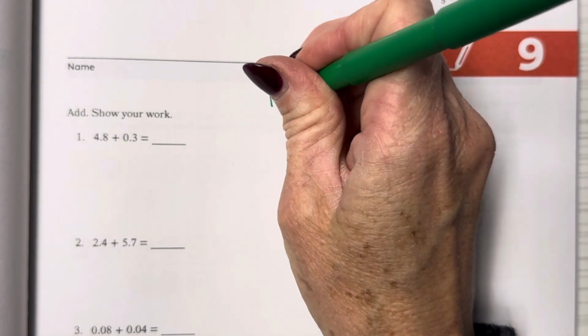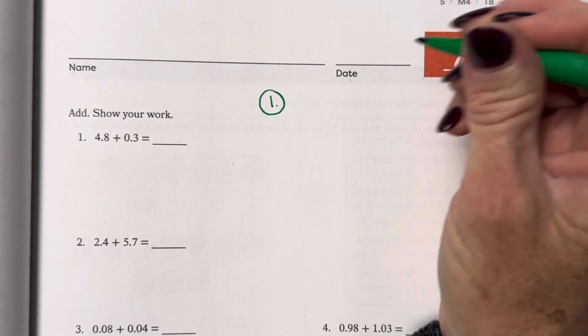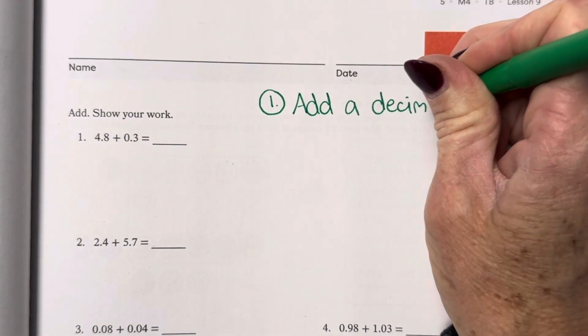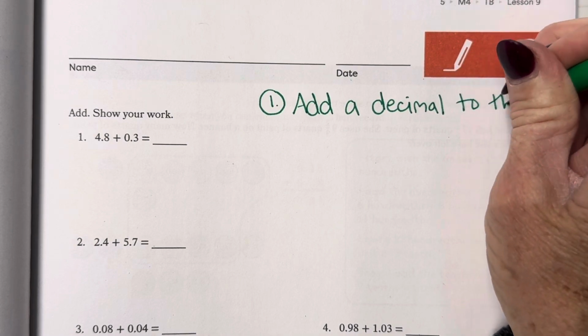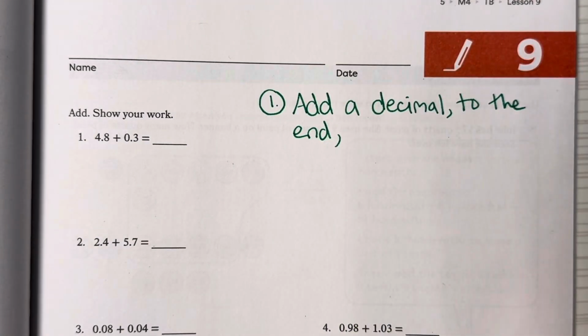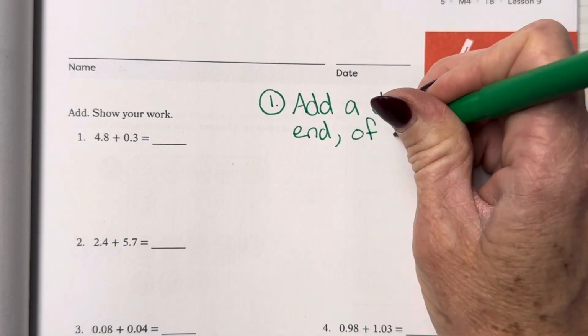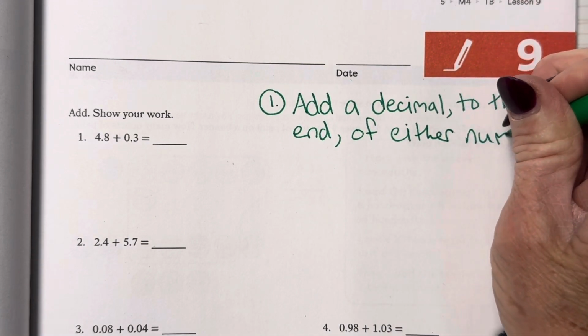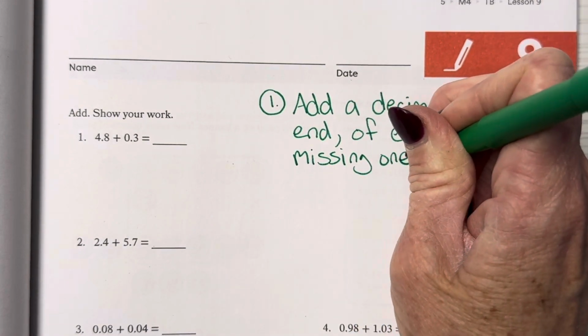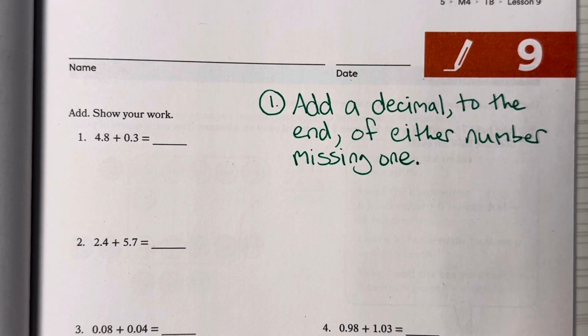So when you add decimals, the first thing you're going to do is add a decimal to the end of either number missing one. So what does that look like? If I'm adding two numbers and one of them is missing one, I need to make sure they both have a decimal.